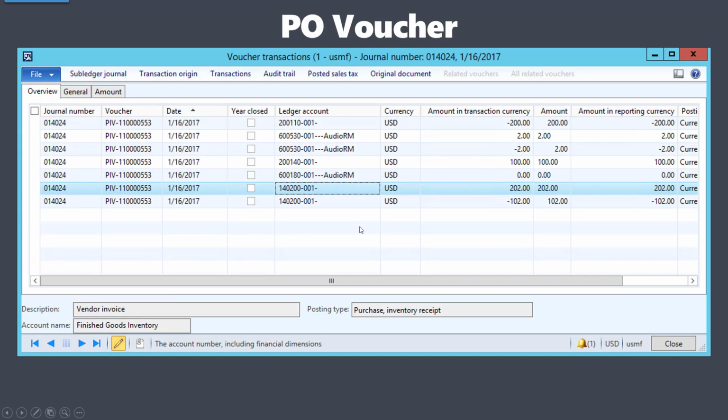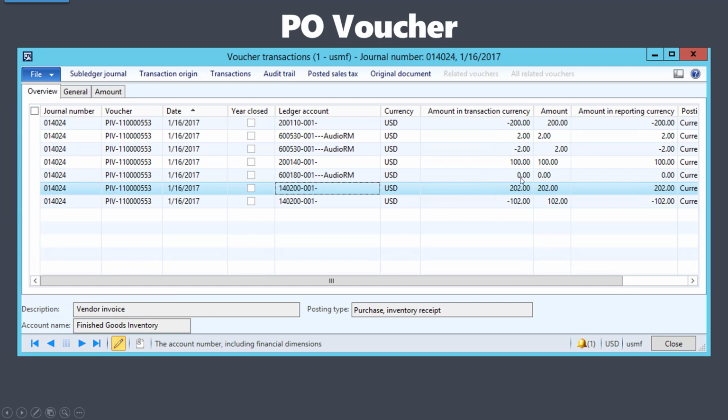So now if we look at our PO voucher, we're actually looking at the $100 right here. That $100 got applied to the item itself as a miscellaneous charge, and that was allocated to inventory, is what you're seeing here. So you're seeing that both go into inventory.